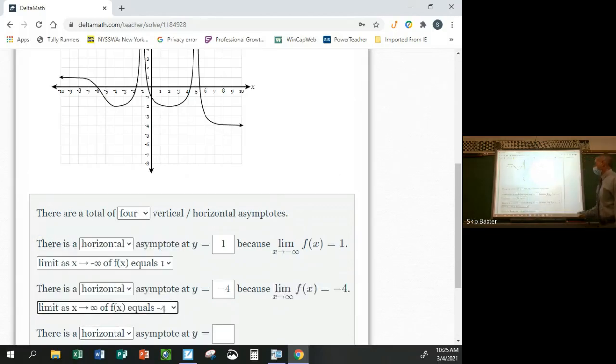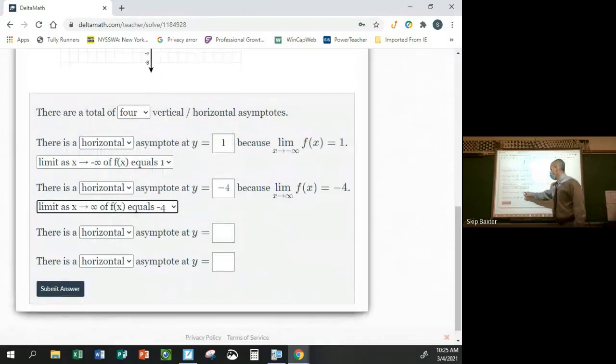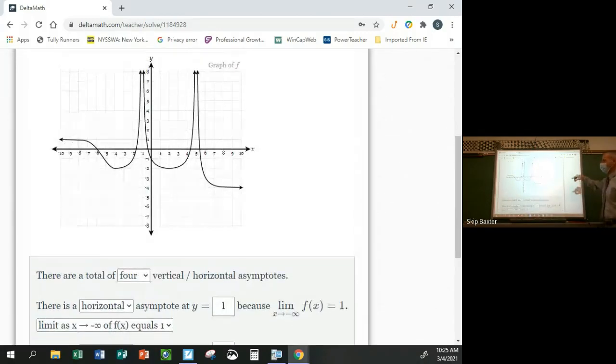Now let's go to the vertical asymptotes. This one is x equals -1. So I'm going to say there's a vertical asymptote at x equals -1. And that's because the limit as x goes to -1 is positive infinity, right? From the left to the right, you're going to positive infinity.